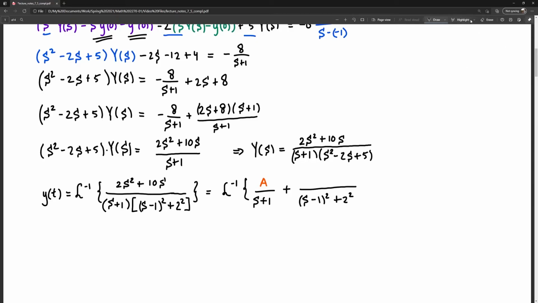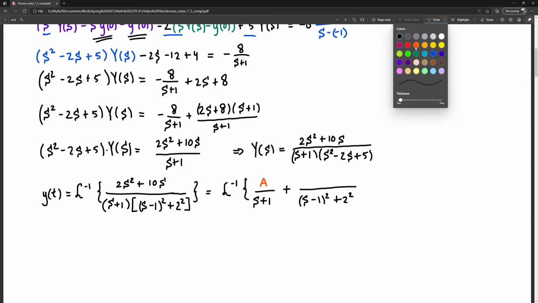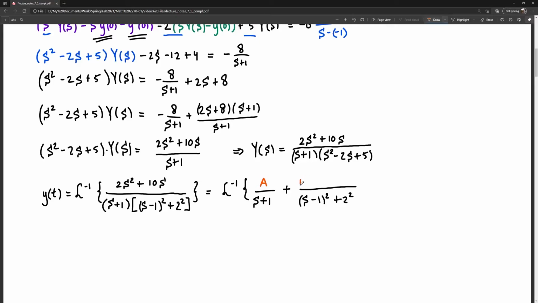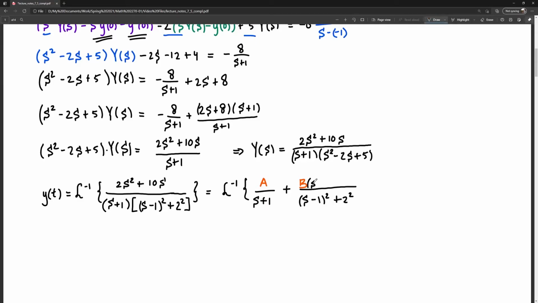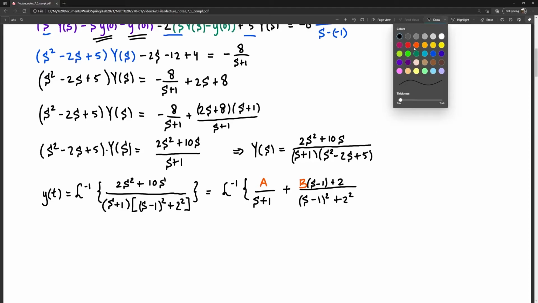And the variables we're going to use are B times (s minus 1), and then plus 2 times C, in the numerator.